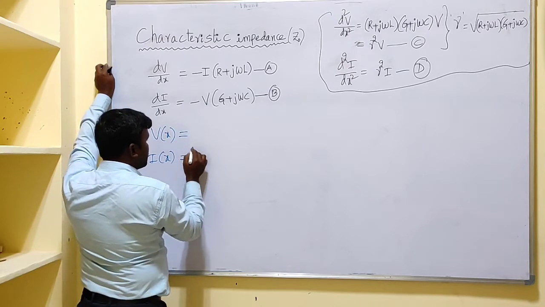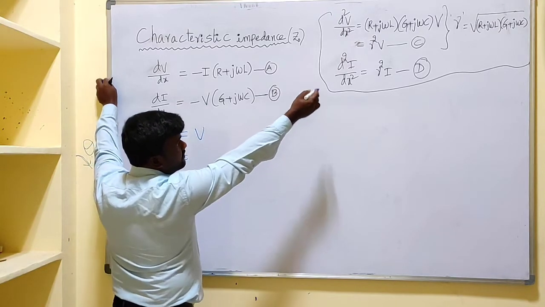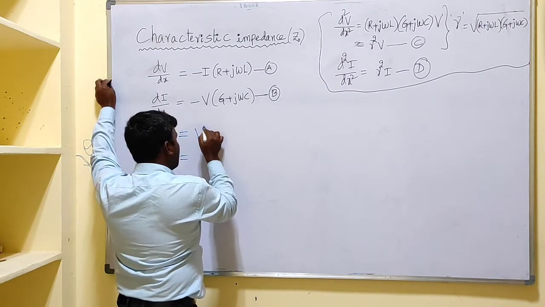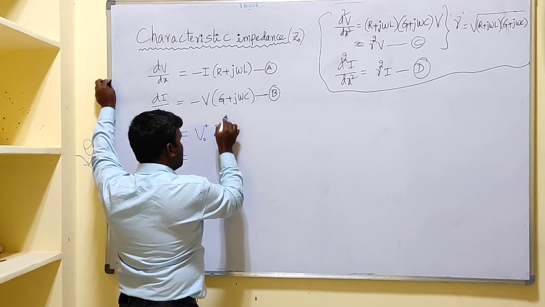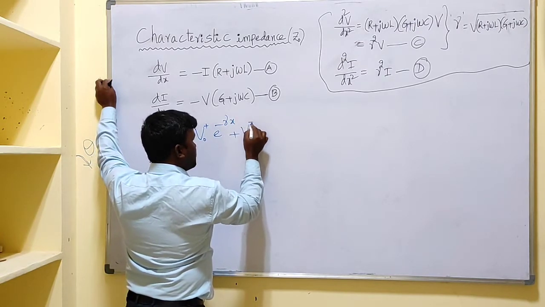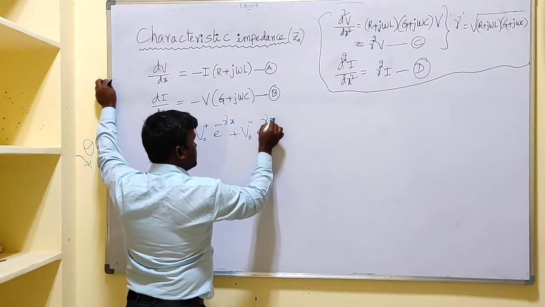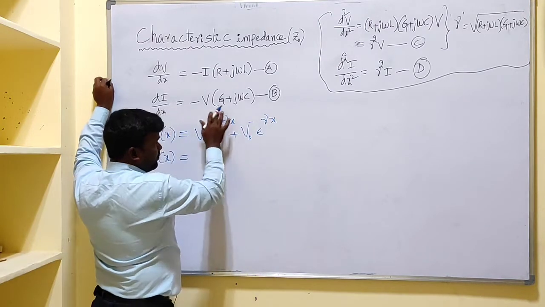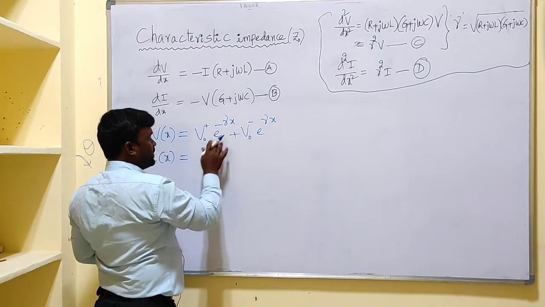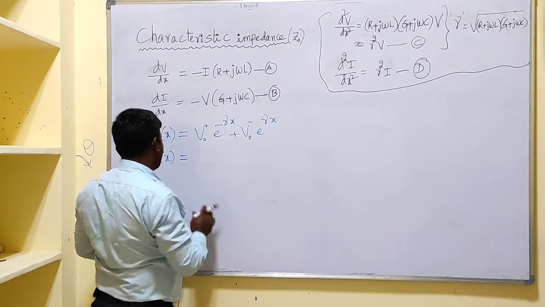V of x equals V naught plus into e to the power minus gamma x plus V naught minus into e to the power gamma x. The first one is the forward wave, the incident voltage, and the second is the reverse wave, the reflected voltage.